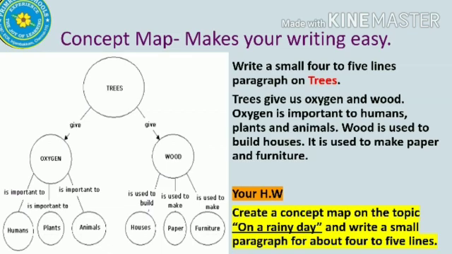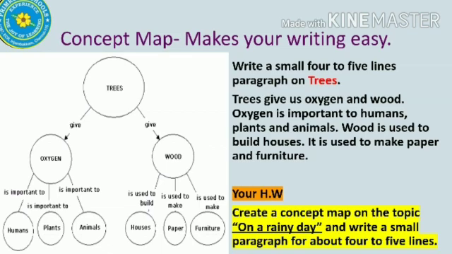The concept map which we created now will help us to write a short paragraph. We have now got a lot of points to write. See, with the help of the concept map which we have created, we can write a small paragraph in an easier way.